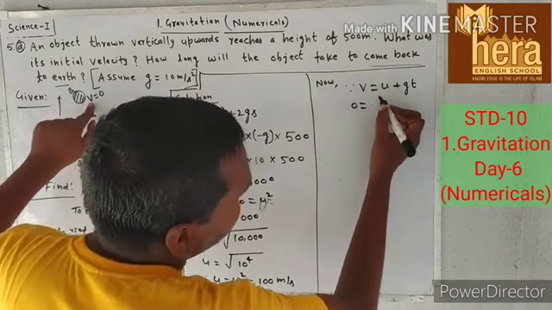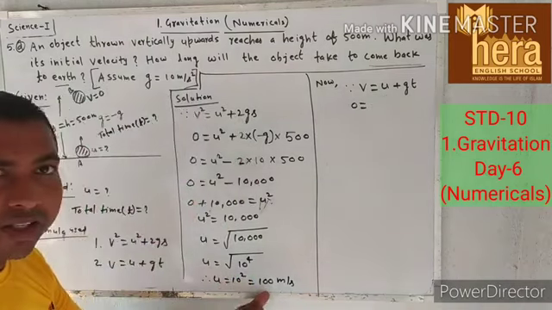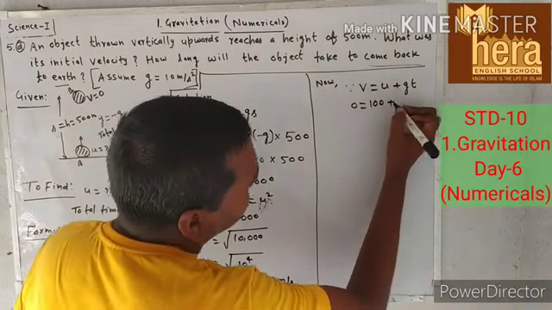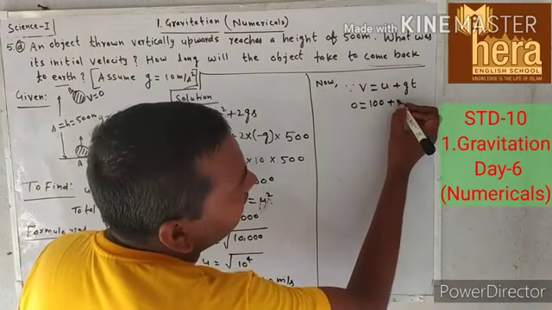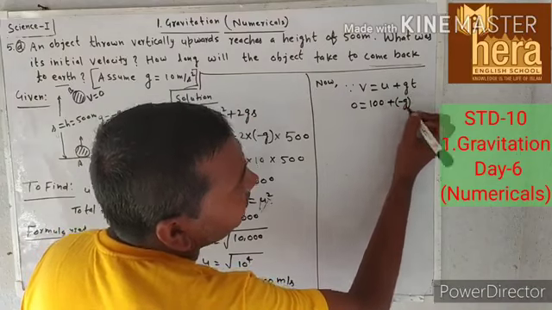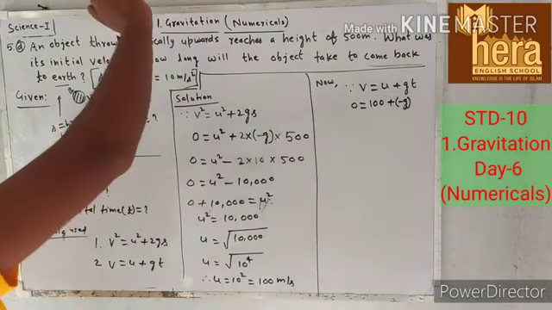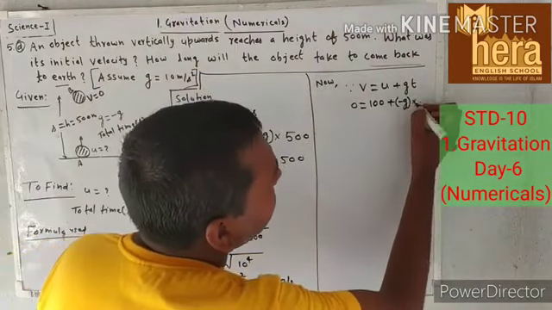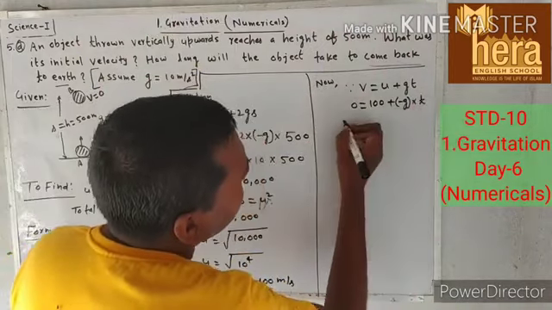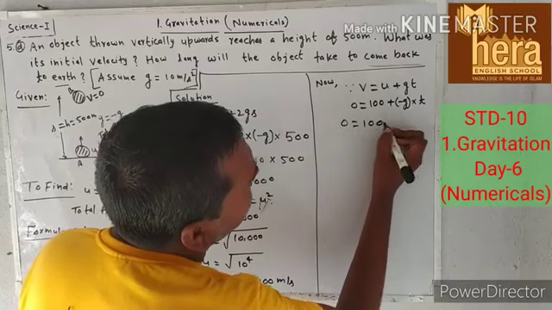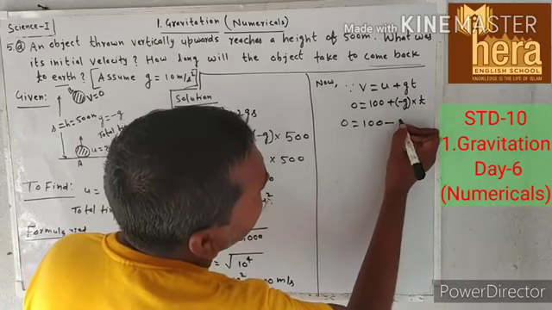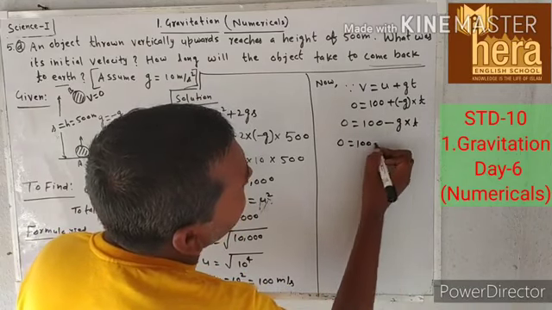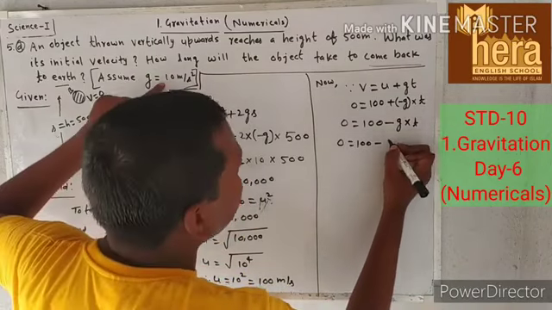U is how much? You have already calculated, is equal to 100 plus G. At the place of G we have to put minus G because they are moving upward direction. So into T we have to find T. So 0 is equal to 100 plus into minus minus G into T. 0 is equal to 100 minus G. At the place of G we have to take 10.